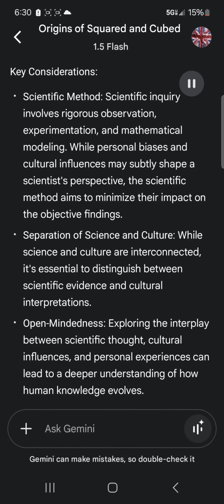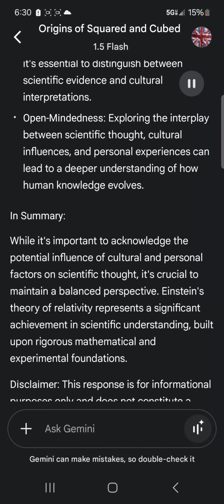Key considerations. Scientific method. Scientific inquiry involves rigorous observation, experimentation, and mathematical modeling. While personal biases and cultural influences may subtly shape a scientist's perspective, the scientific method aims to minimize their impact on the objective findings. Separation of science and culture. While science and culture are interconnected, it's essential to distinguish between scientific evidence and cultural interpretations. Open-mindedness.